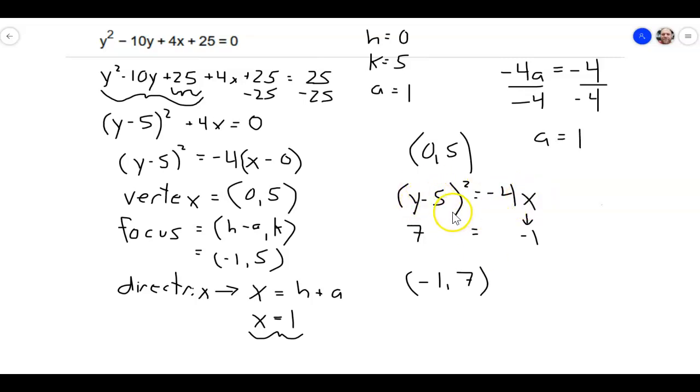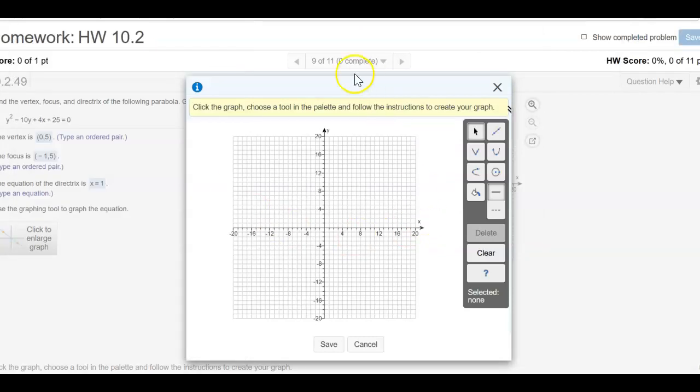So I'm trying to make a nice number that's going to fit with this side. You can also solve for y and set up an equation there, but if you toy around a little bit, you can usually find something. So I'm going to use 0, 5 for my first point and -1, 7 for my second point.